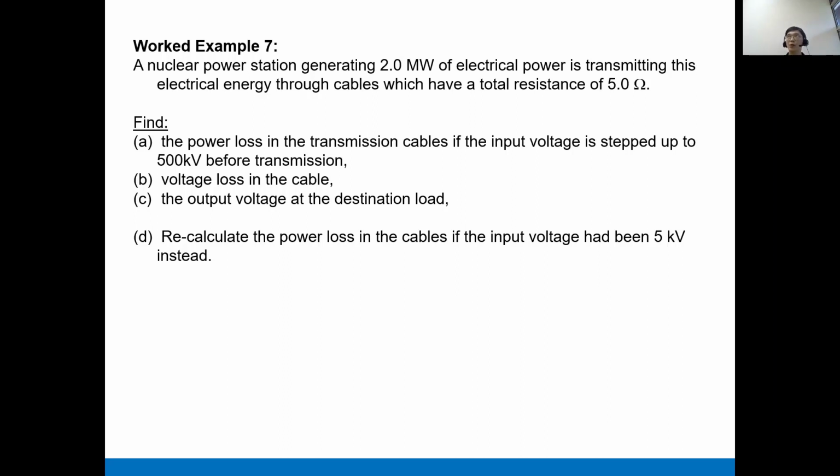In Singapore, our power cables used to transmit electricity are all buried underground. If you drive up north to Malaysia, you can see pylons along the north-south highway, and those are the cables that we are talking about. Part A, what's the power loss in the cables?